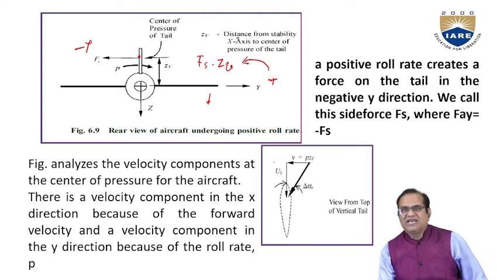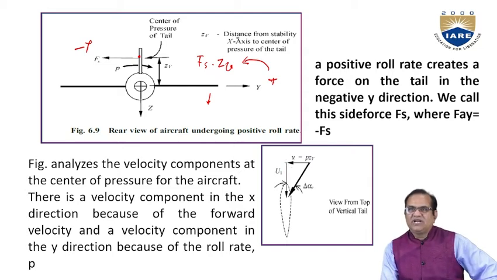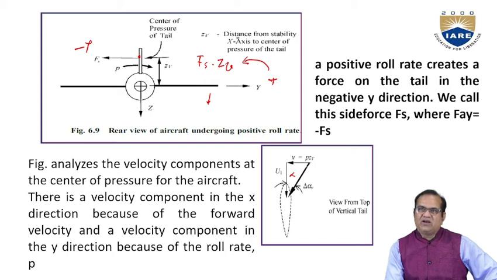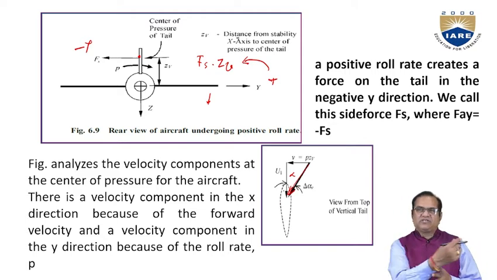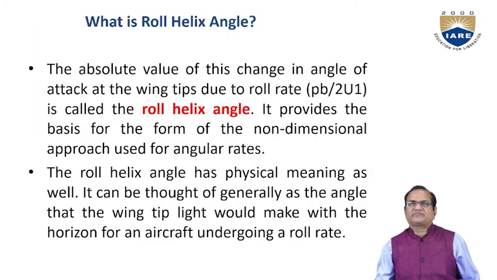Here u1 is the forward velocity, and this v is equal to p zv. So a net angle of attack will be generated here. This is the delta alpha. If you see from the top, a relative flow will be experienced on the vertical tail in this direction. That makes a side force in the y direction.